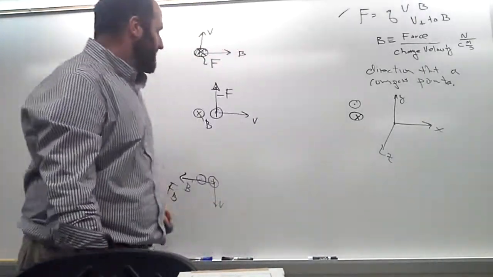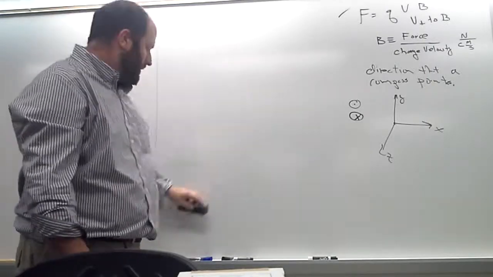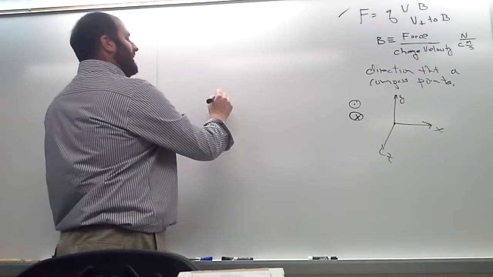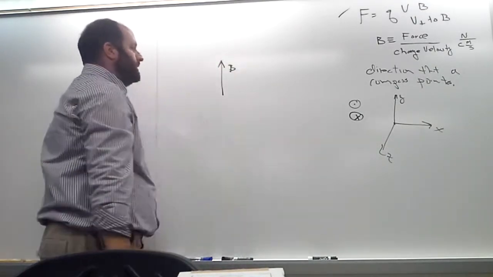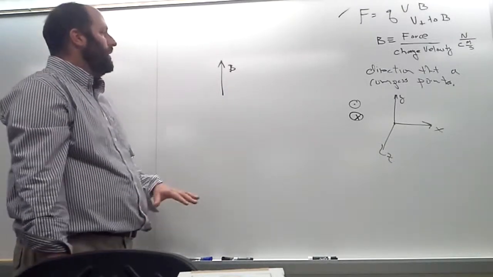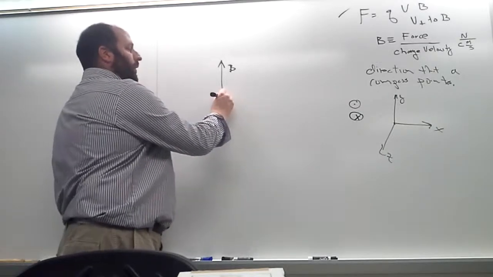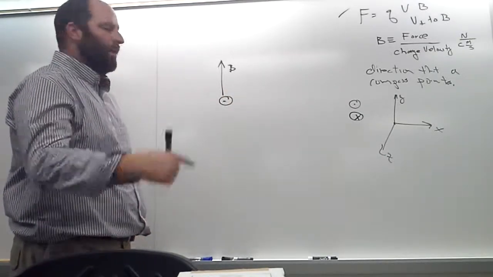I'm going to go through one more example with a negatively charged particle. So let's say, for the sake of example, the magnetic field points up. And we fire an electron, or a negatively charged particle, into the board this way.